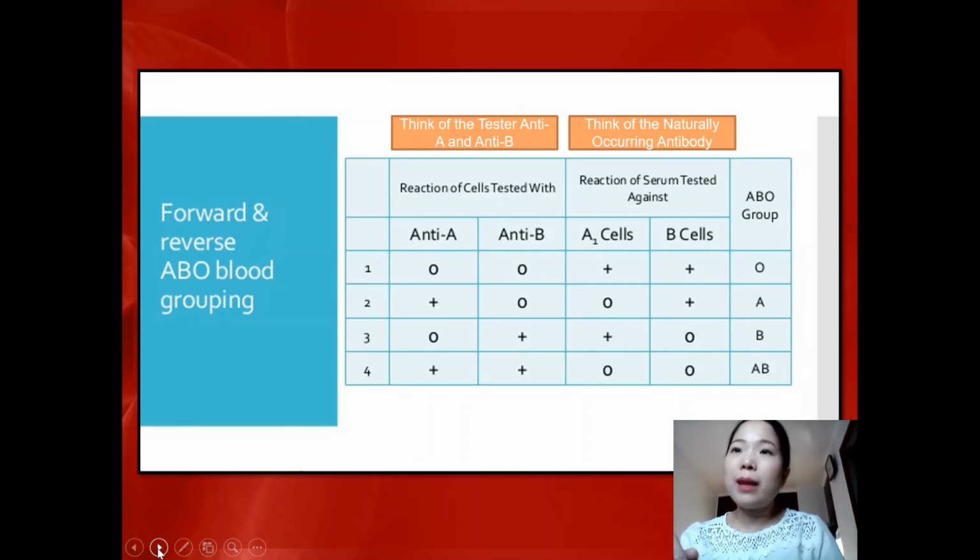So which blood type has an antibody B in its serum? That would be your blood type A.